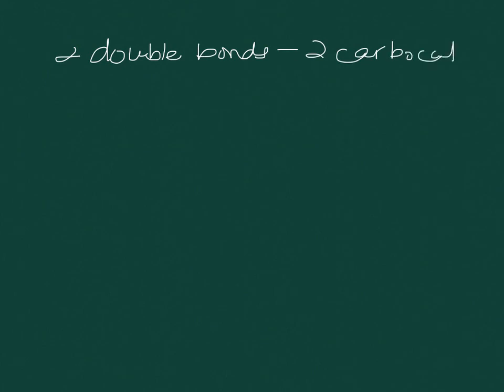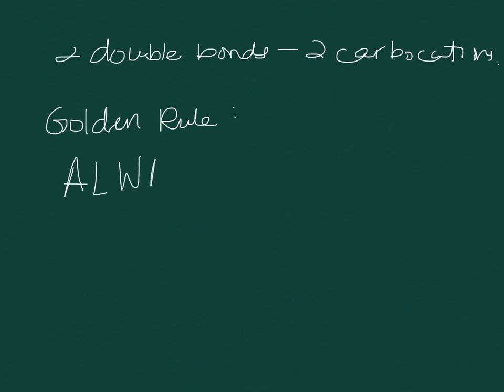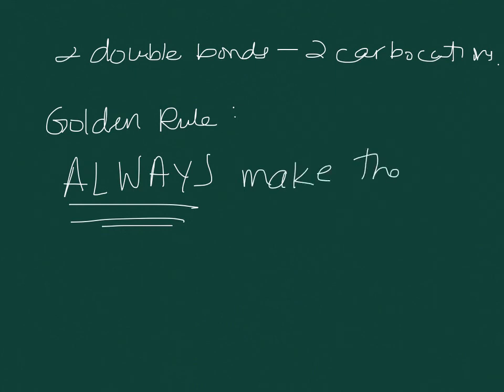We have two double bonds. We can have two possible carbocations. We need to follow this golden rule: always make the resonance stabilized carbocation.